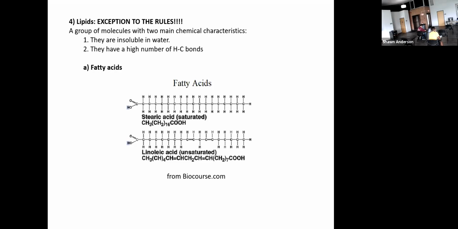And fatty acids can be either saturated or unsaturated. So who's heard of unsaturated fats? They tell you these are good fats for you, unsaturated. They say saturated fats are bad.